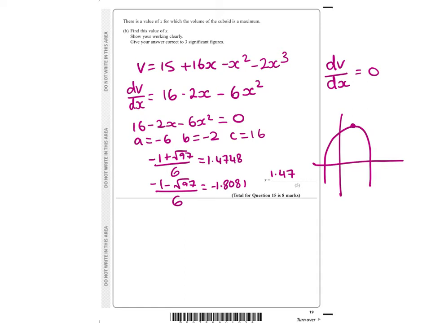So then, moving on to question 16. It's an upper and lower bound question. It says 58.4 is correct to three significant figures.